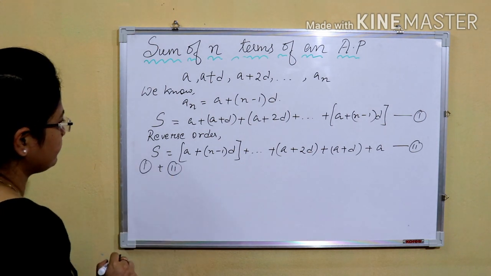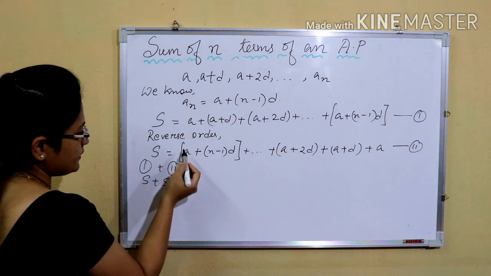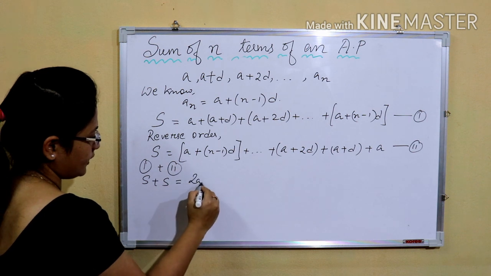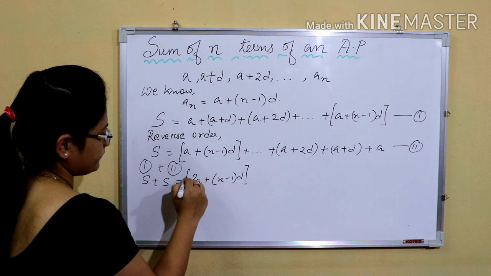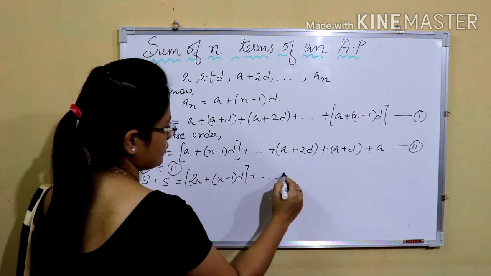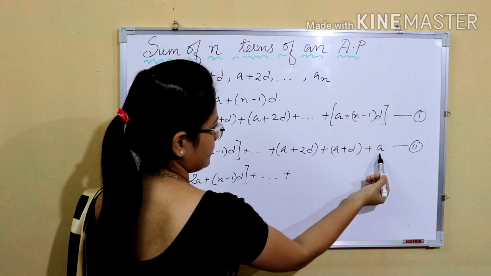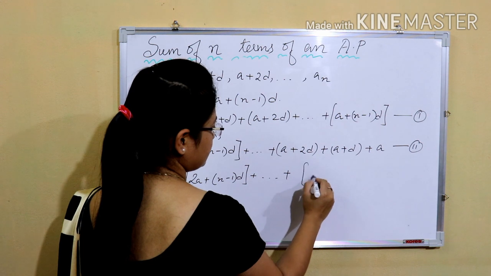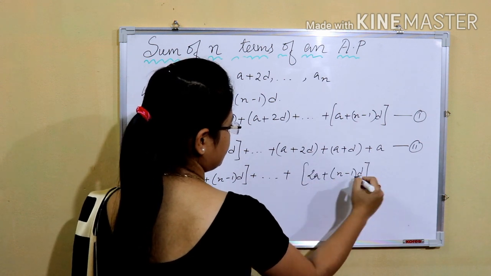S plus S. a plus a plus n minus 1 d. So a plus a will give 2a plus n minus 1 d. And so on. Same at the last, a plus n minus 1 d plus a, the last terms. If we add, a plus a will give 2a plus n minus 1 d.